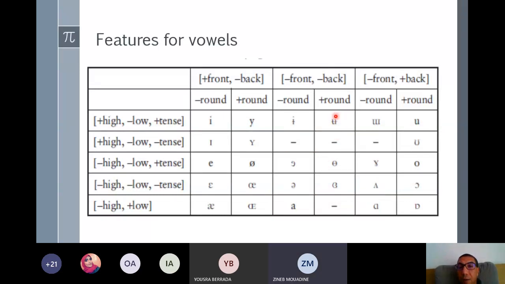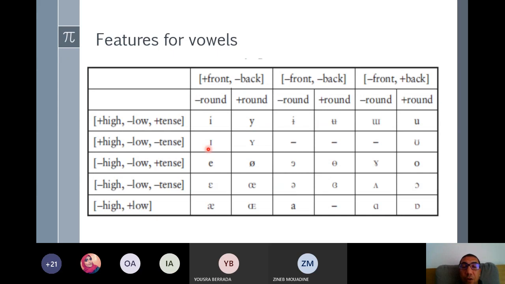Central vowels are, you know, plus round and minus round central vowels. And the front vowels, we distinguish between the round front vowels and the unround front vowels. But just for you to remember these features for vowels.